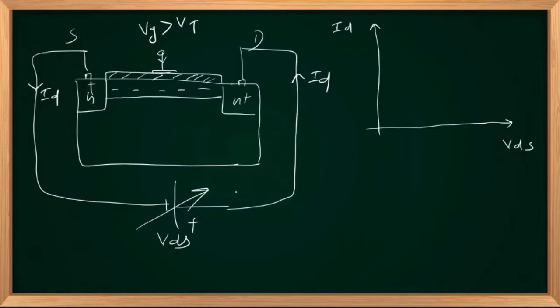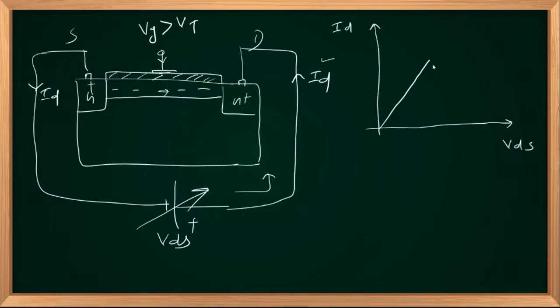So actual current is just in the opposite direction. And the circuit obeys Ohm's law. If you are increasing your VDS, naturally the velocity of carriers or electrons will increase. That will increase the rate of flow of electrons, and that will constitute more current. So as per Ohm's law, current varies linearly with VDS.